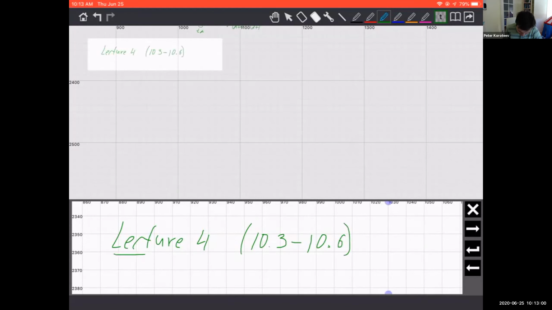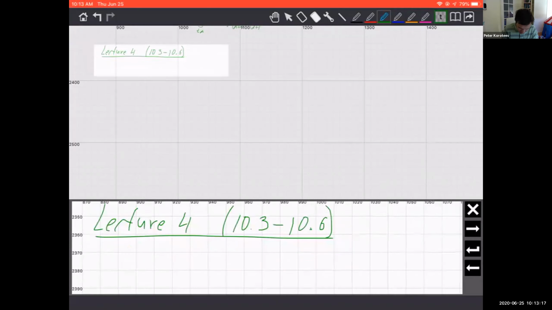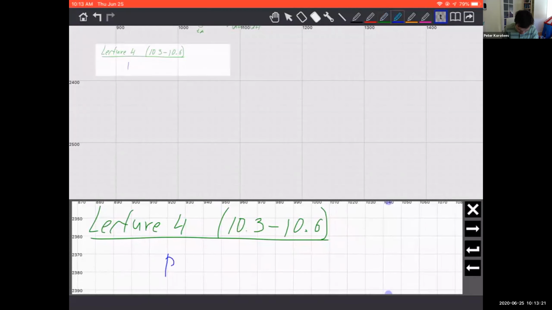If we don't have time to talk about conic sections today, we'll talk about this tomorrow during the discussion. Given the fact that we don't have a quiz this week, we have a little bit more time for lectures. What I want to talk about today is polar coordinates.